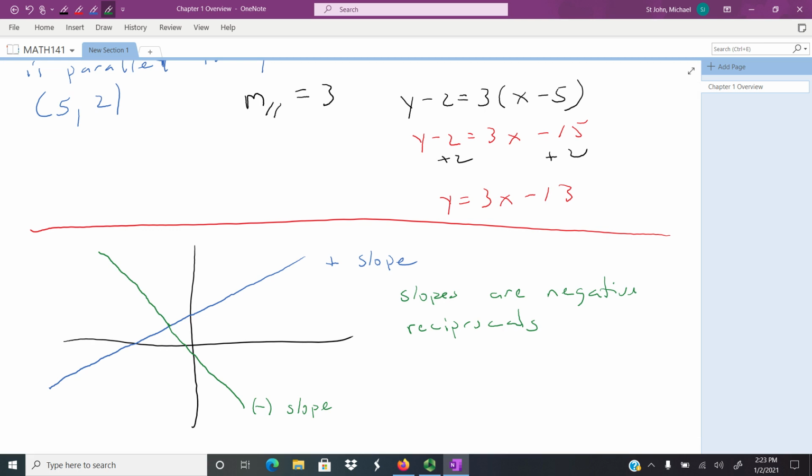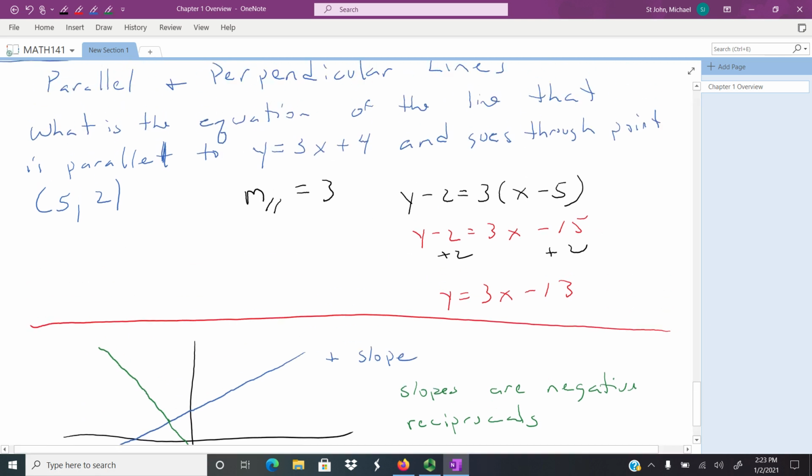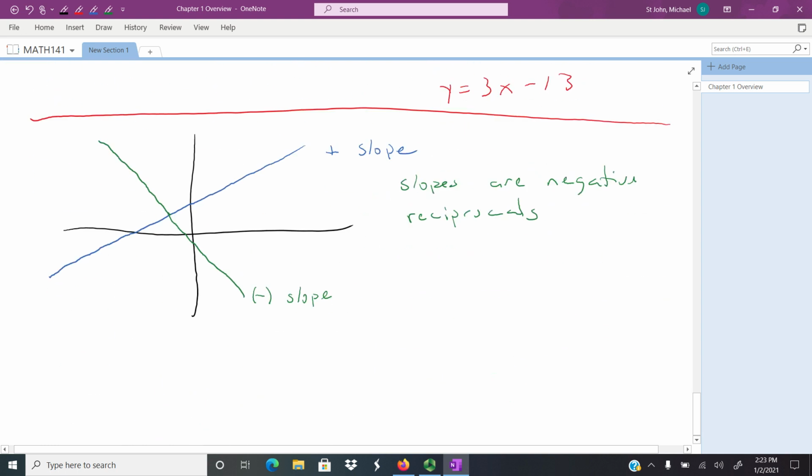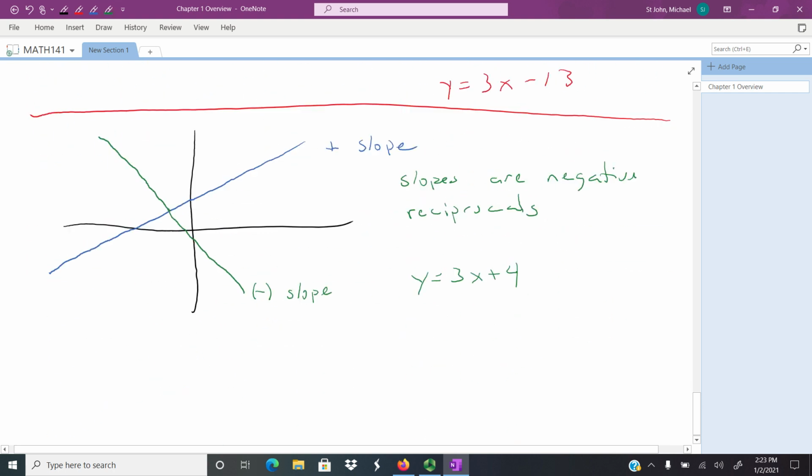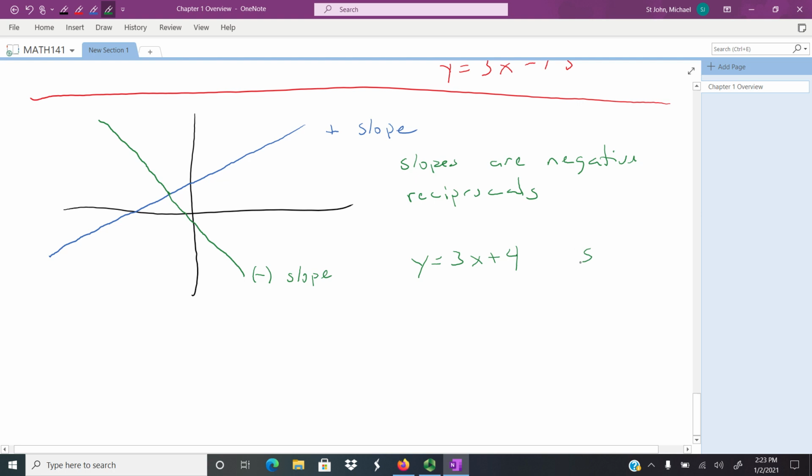So let's do the same point we had here, but now in terms of perpendicular. We had y equals 3x plus 4 and the point (5, 2). But this time I want the perpendicular.